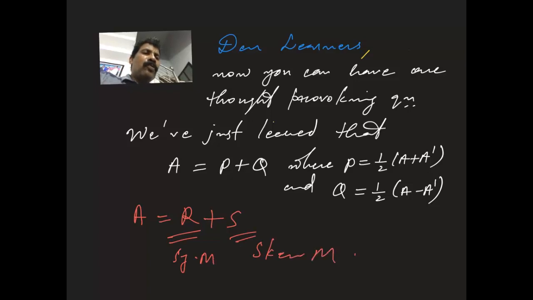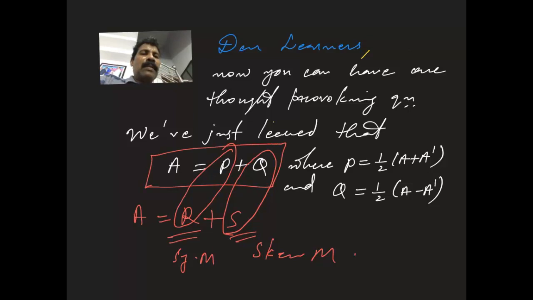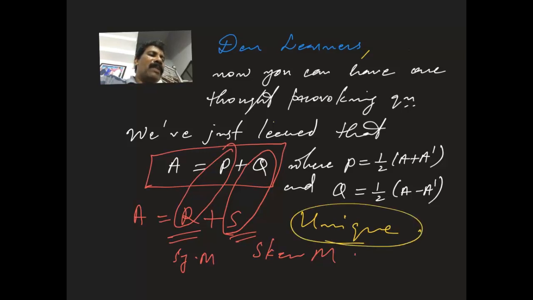Then do you think that P will be the same as R and Q will be the same as S? Simply speaking, can you conclude that this expression A equal to P plus Q is a unique one? That is, everyone will get the same P and Q every time. Please think over it and try to solve.